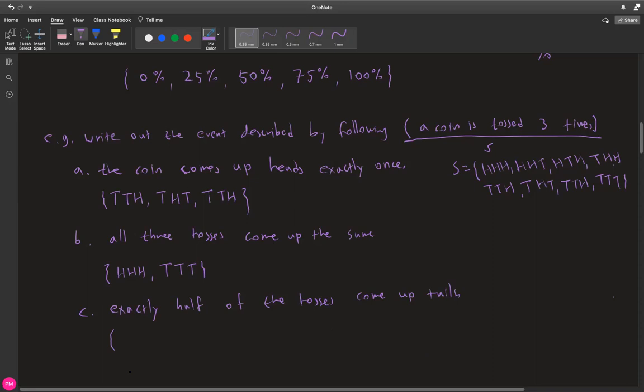We're tossing the coin 3 times, so it wouldn't make any sense to have half come up tails, because that would imply 1.5 times. Half of 3 is not a whole number, so we can simply say this is an impossible event. Often it's just denoted with curly braces without anything inside.